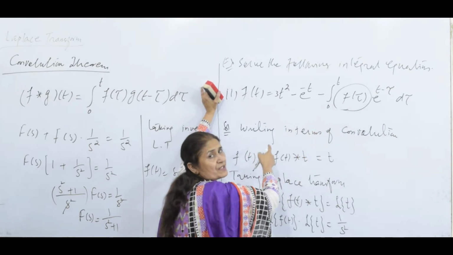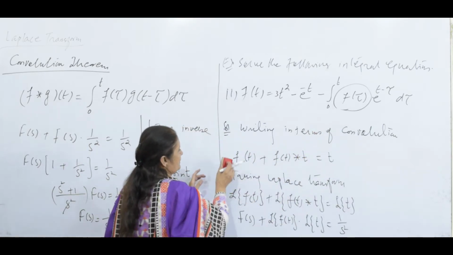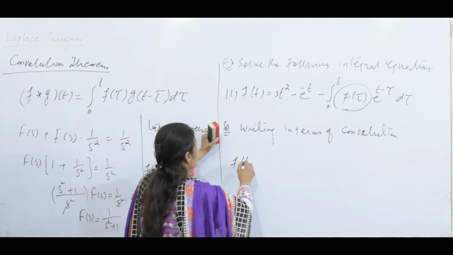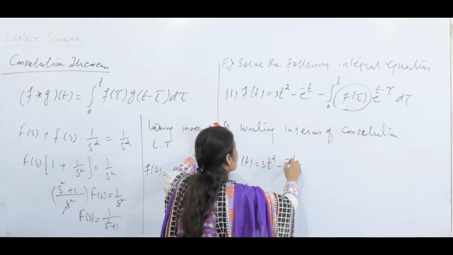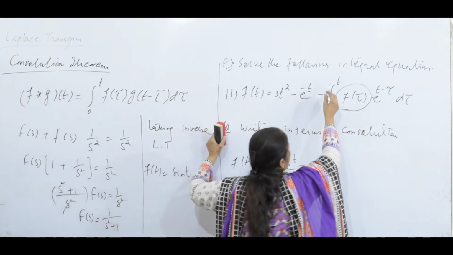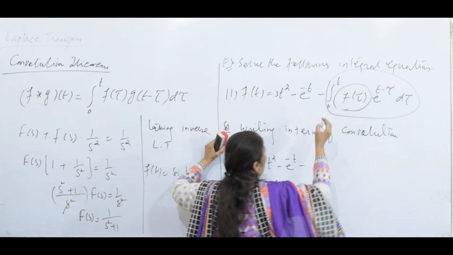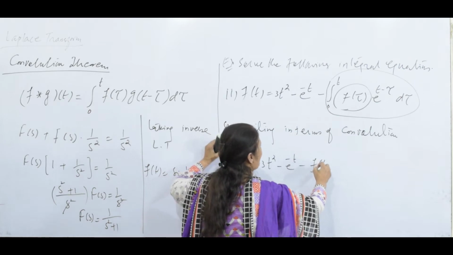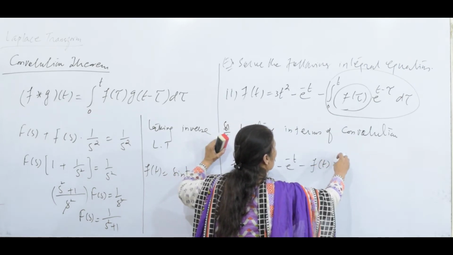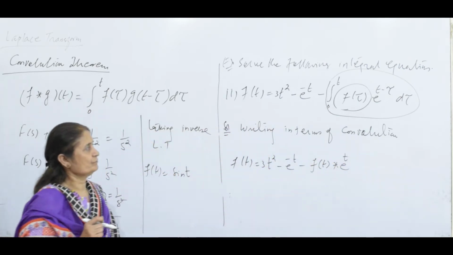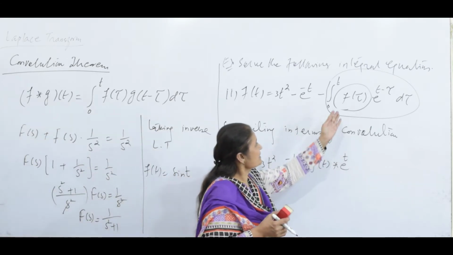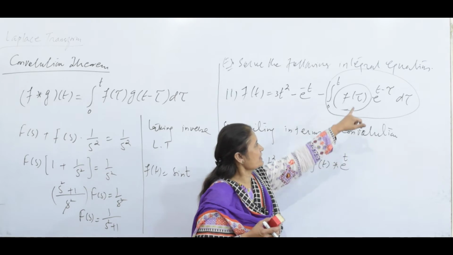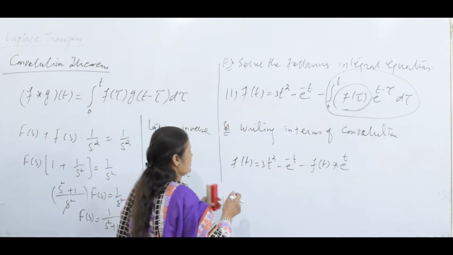So the first step is writing in terms of convolution. f(t) as it is equals 3t squared minus t minus, and I write this integral as f(t) convolve e^t. If I expand the convolution, I get back f(tau) e^(t minus tau) d tau by definition.